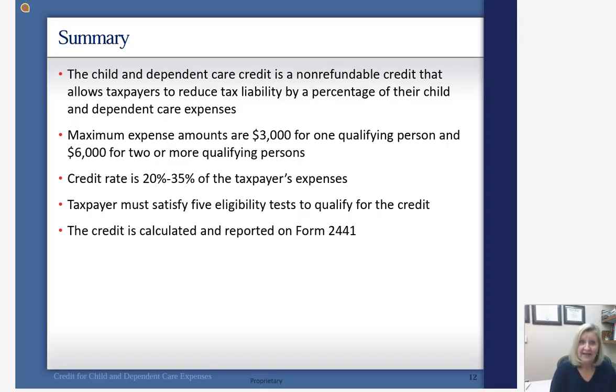Well, that's fine, except the maximum expense amount that is allowed for the credit is going to be $6,000. So TaxSlayer will help you navigate that to make sure you're not claiming too much. It won't allow you to claim too much, but if the taxpayer doesn't understand why all of the money wasn't put towards the credit, this is the reason.